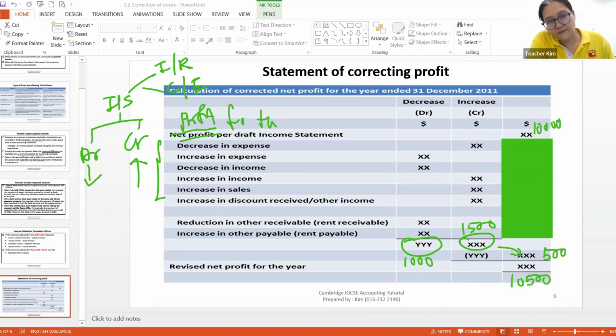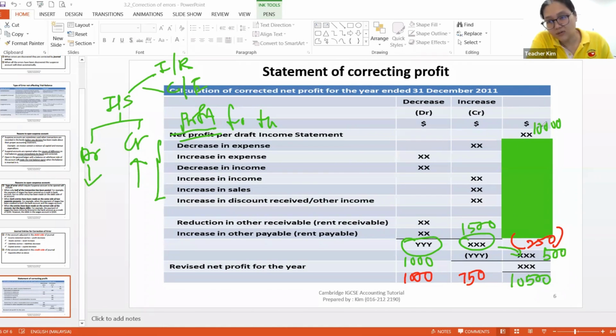But if, let's say, this one is 1,000 and this one is 750, you take this one minus this one, you get 250. But this one shows a decrease, so put a bracket sign. Take note, put a bracket sign to show a decrease.